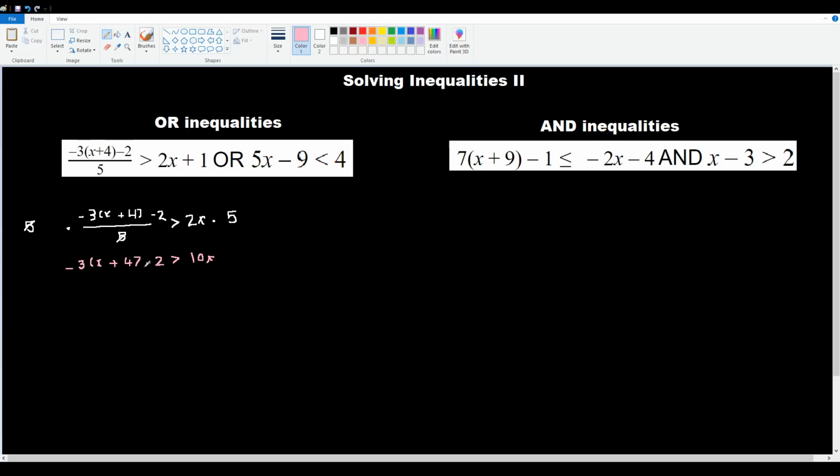Now, the next step is adding 2 on both sides. So we're going to do that here and here.